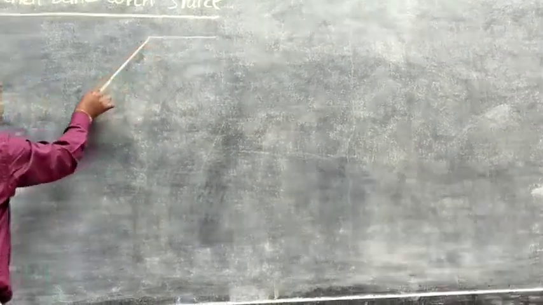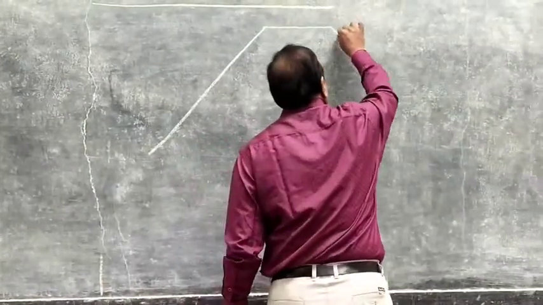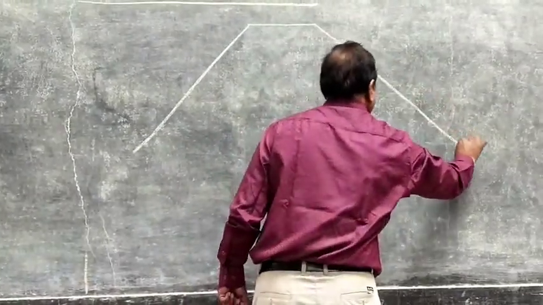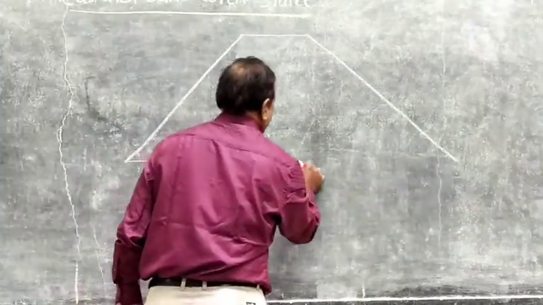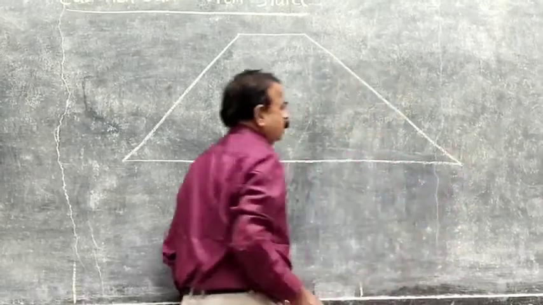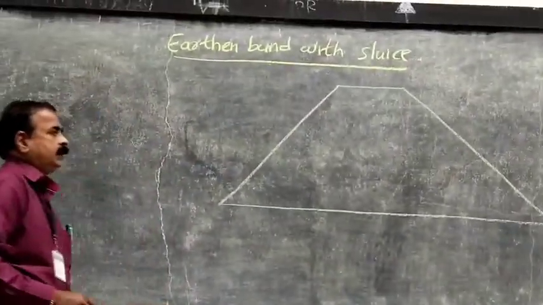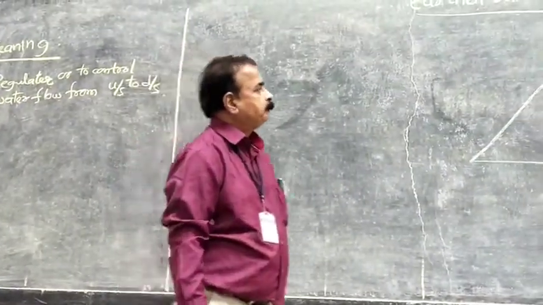We know how to draw the earthen bund. It will be any type of earthen bund. We will take it as the earthen bund with homogeneous nature.